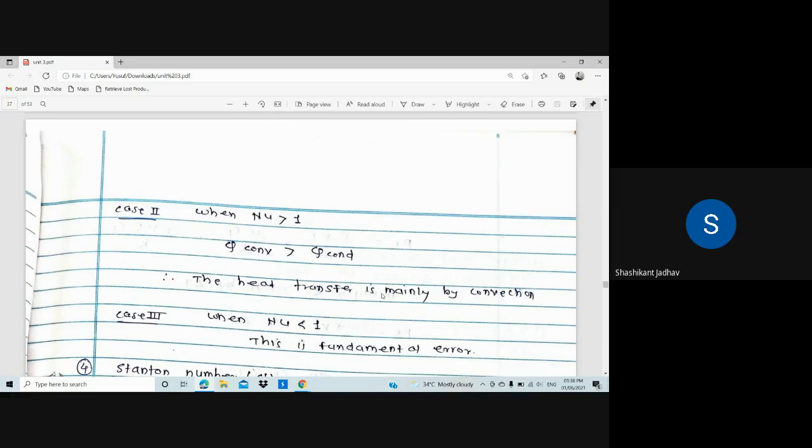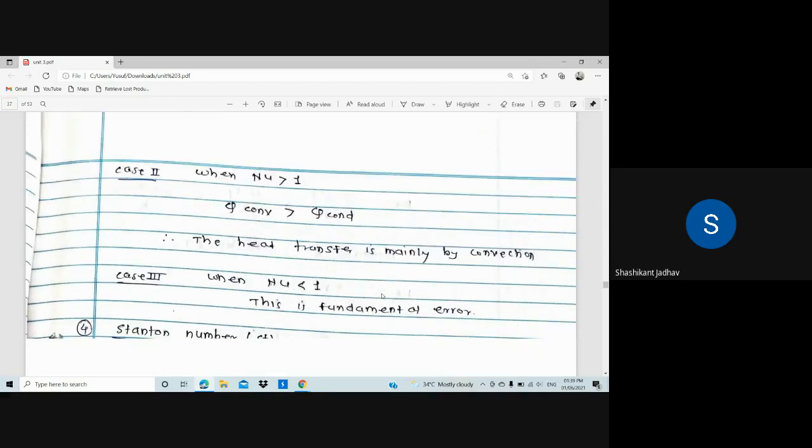So therefore the heat transfer is mainly by convection. All of you write down: when Q convection is greater than Q conduction, the heat transfer is mainly by convection.